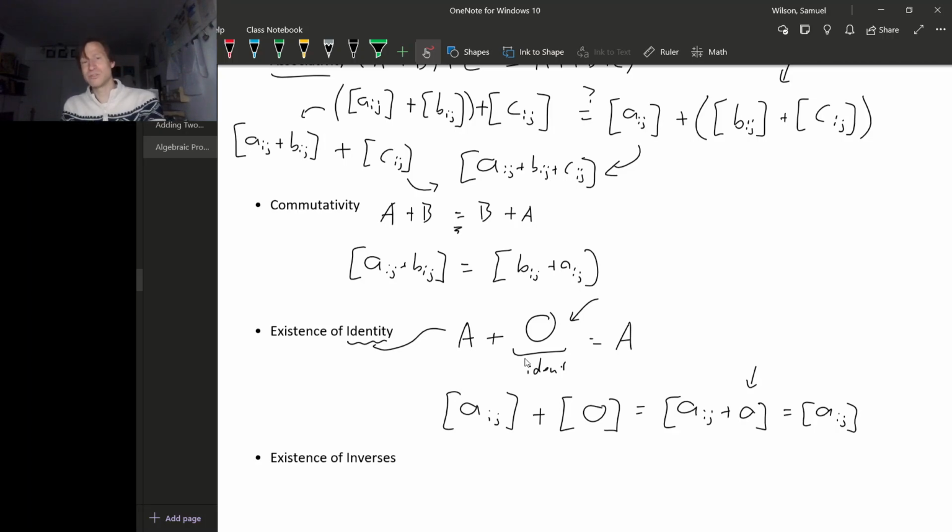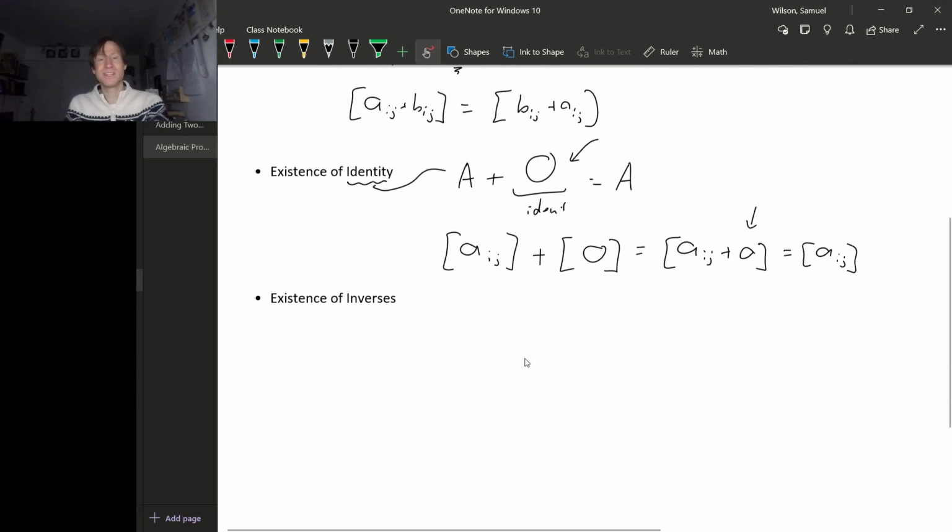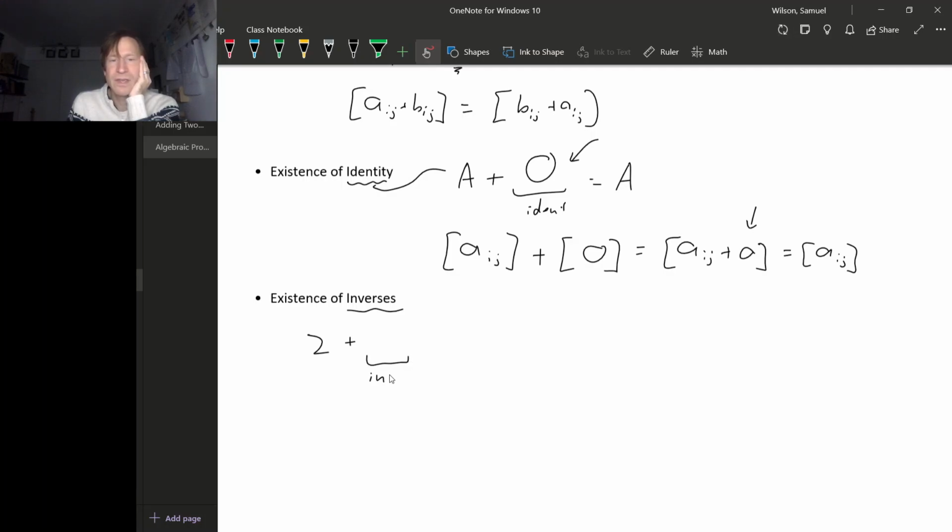Another important algebraic property for addition is that there are always inverses for addition, right? By inverse, what we mean is, and here I'm using scalar addition as an example, something that when you add it to your original, you get the identity.